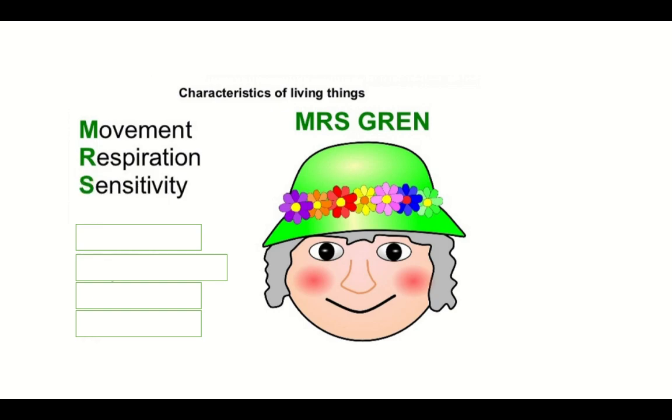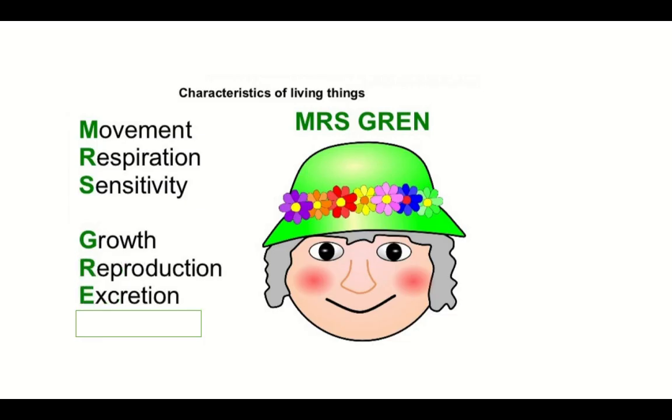S stands for sensitivity. All organisms can sense the changes going on in their surroundings. G stands for growth. R stands for reproduction. E stands for excretion. And N stands for nutrition. These are the 7 characteristics which are present in all living organisms.